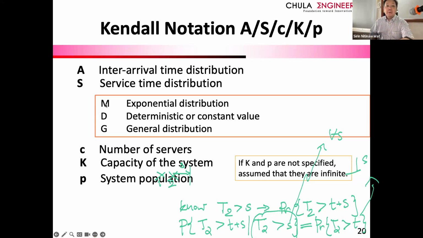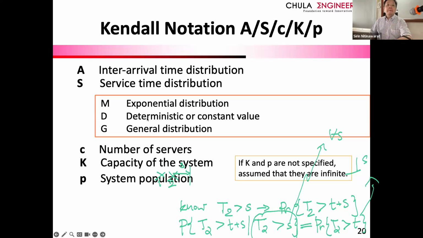So in that case, A and S will be denoted by M, for memoryless, for the exponential distribution for the inter-arrival time and service time distribution respectively. For other types of probabilistic inter-arrival process and service mechanism, we will use G for general distribution. And if any of them is deterministic, we use D.